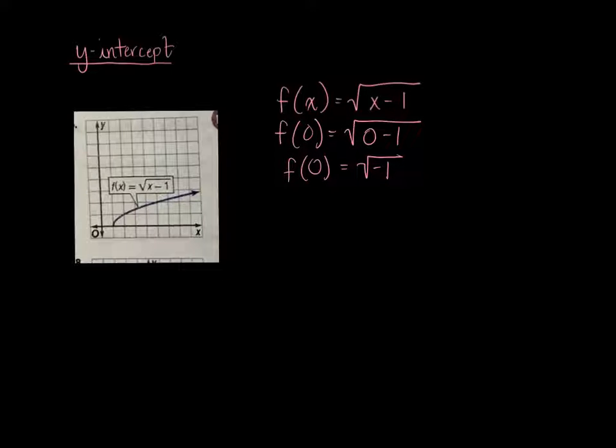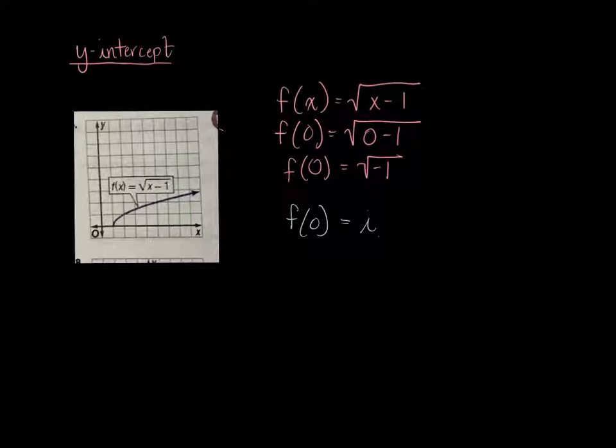And this is where I'm not sure if you learned this or not yet, but the square root of -1 cannot be defined by a real number, so we use it as i. The square root of -1 is always i. Essentially an imaginary number. So then you have f of 0 equals i.